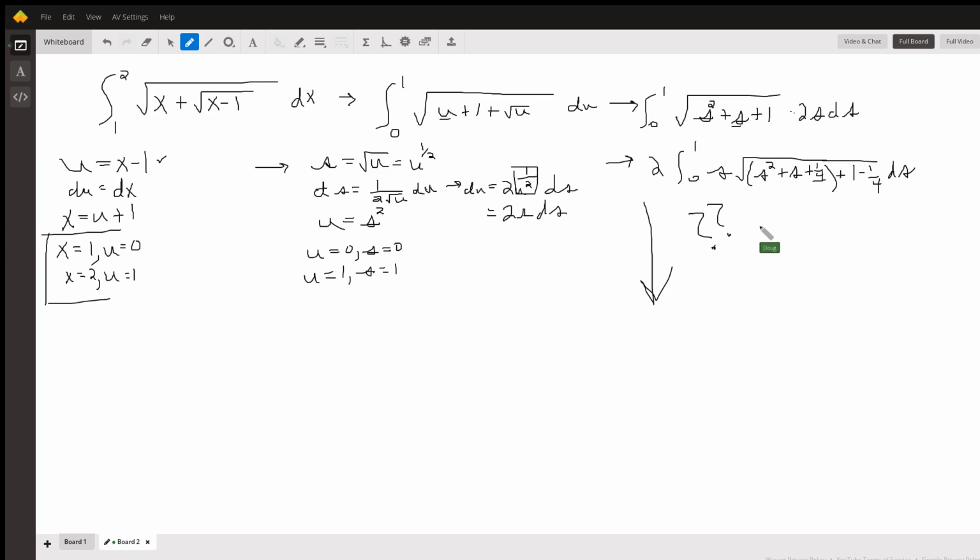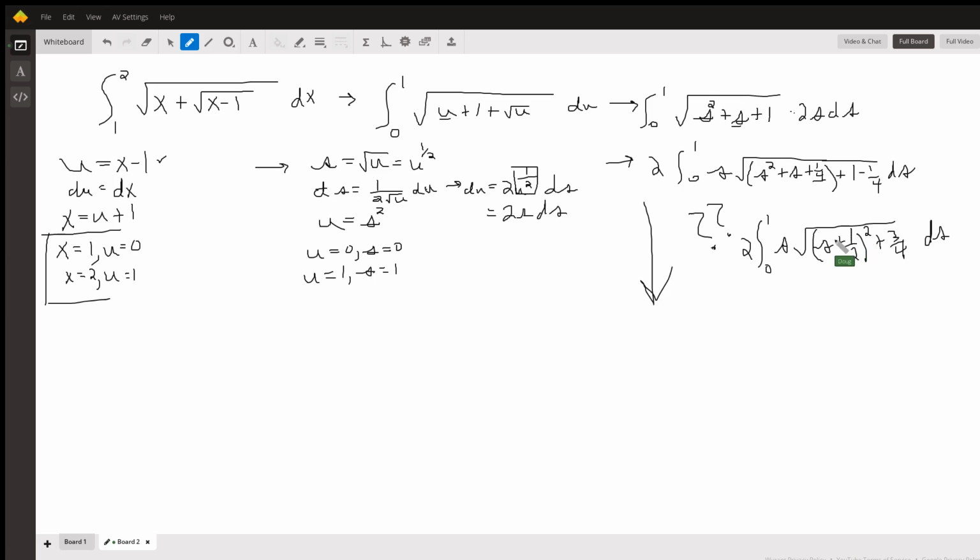So now I've got 2 times the definite integral from 0 to 1 of s times the square root of s plus 1/2, the quantity squared, plus 3/4 ds. And this is where I'm going to stop the video and let you see if you can keep going.